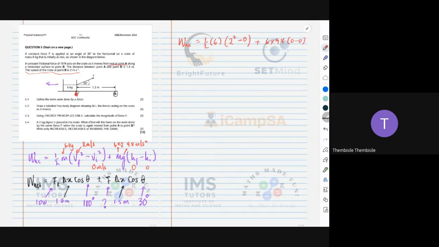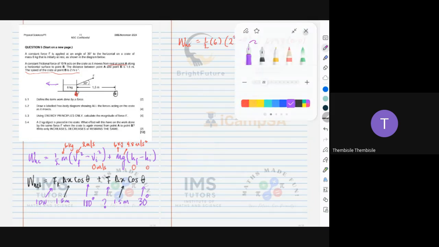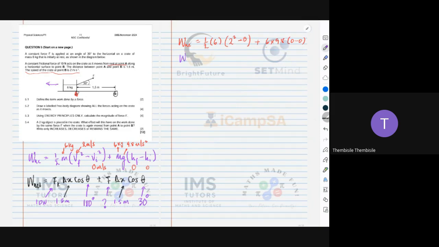So that means this whole thing is gonna be 0. Okay, so that means then here we have this 1/2, which is 3 times 4 plus 0. So this is 6 divided by 2 is 3. 2 squared is 4. Okay, so that means it's gonna be equal to 12 here.